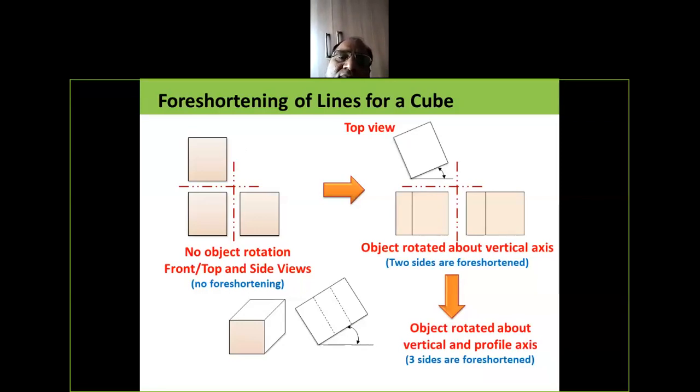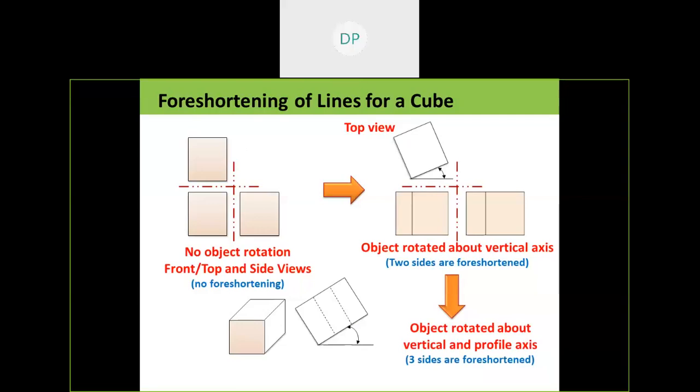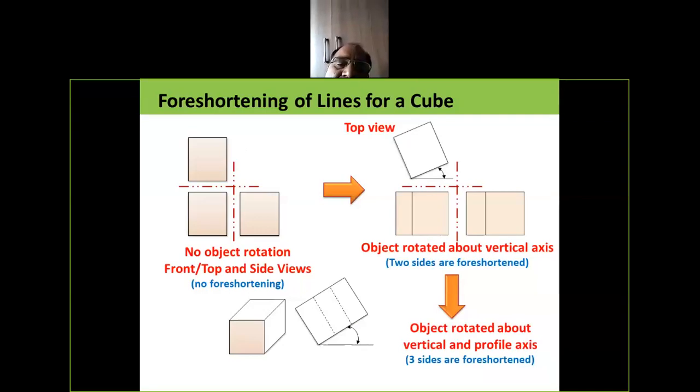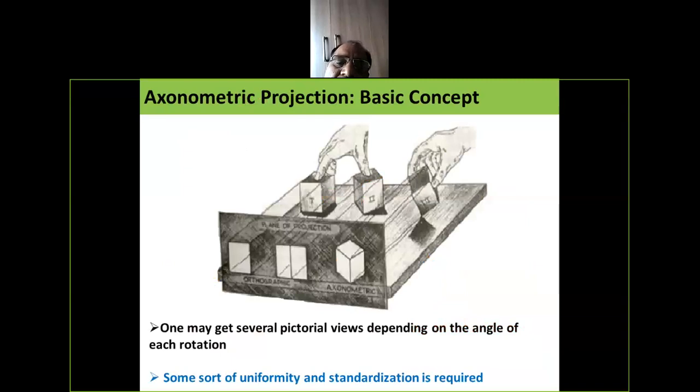If the object is rotated about the vertical axis, then two sides are foreshortened. If the object is rotated about the vertical and profile axes, then three sides are foreshortened.